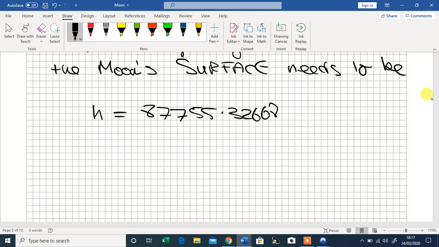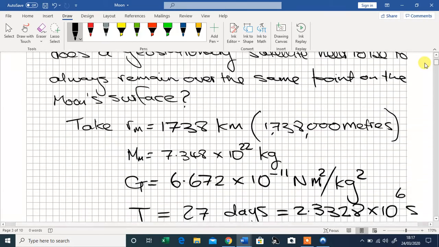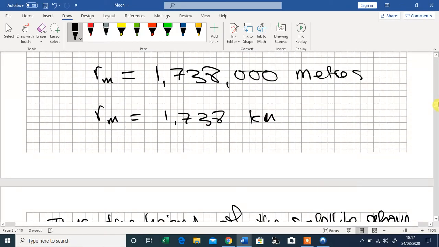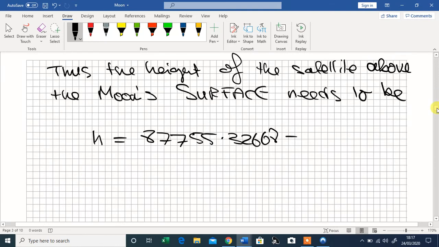I don't really need to do it to that level of accuracy, but I have anyway. So what did I say the radius of the moon was? 1738.